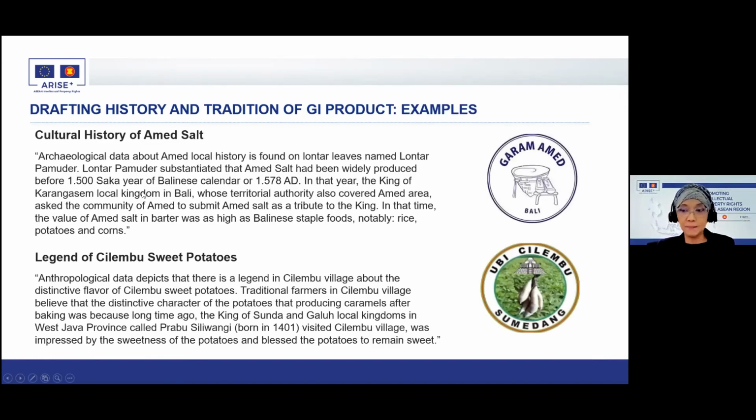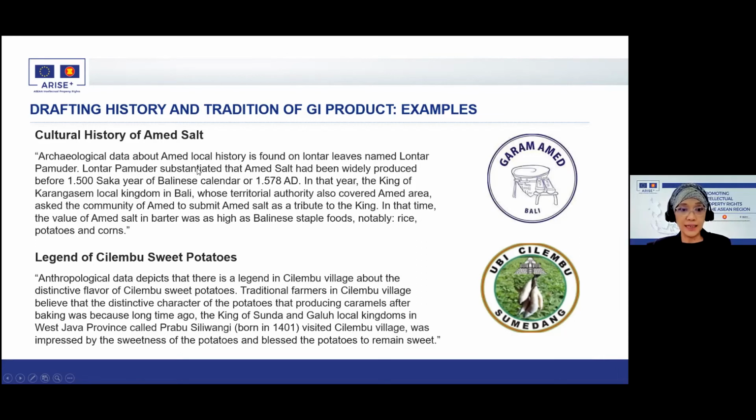This is the example. From Indonesia, we've got the Garam Amet Bali, the cultural history of Amet salt. Archaeological data about Amet local history is found on lontar leaves named Lontar Pamuder.